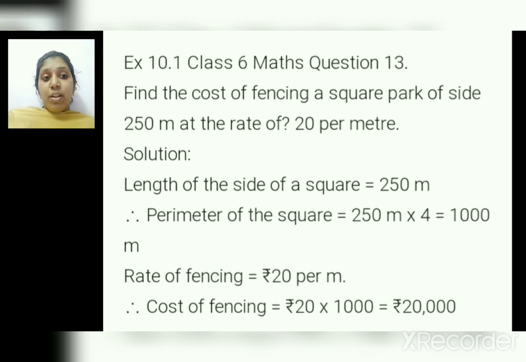Now count the number of zeros: in 20 you have 1 zero, and in 1000 you have 3 zeros. So totally there are 4 zeros. So 2 into 1 gives 2, and you add 4 zeros. So the cost of fencing 1000 meter is rupees 20,000. Clear, children?